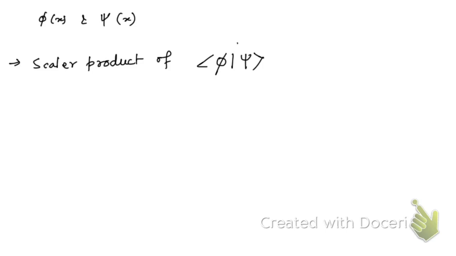This is given by an integration. When you take the function which is in the bra, we should take the conjugate of that, psi star of x, times phi of x dx. That's how we get the scalar product.